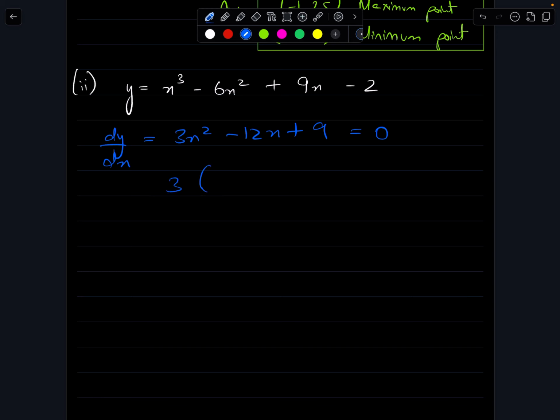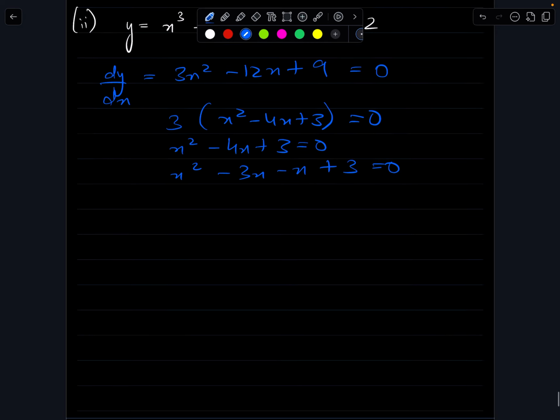We start off by simplification, and we're left with this. We can break the middle term as minus 3x and minus x is equals to 0, and our factors turn out to be these.